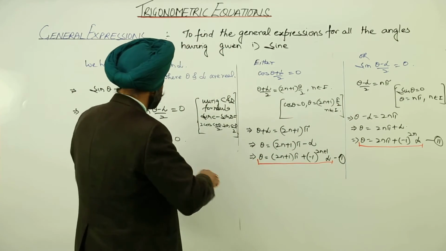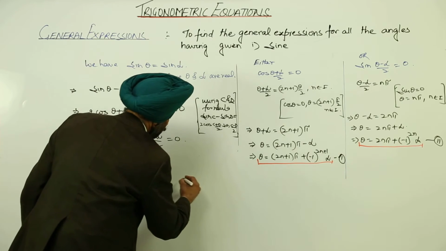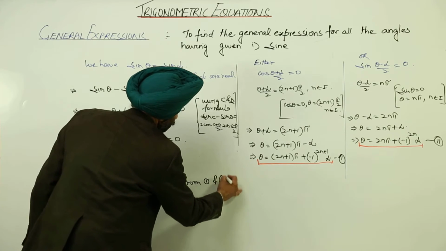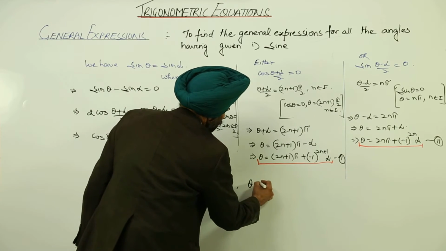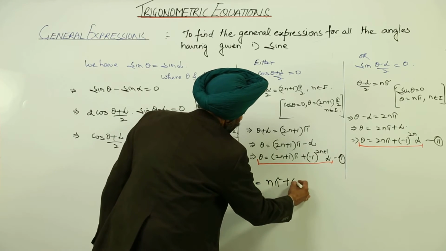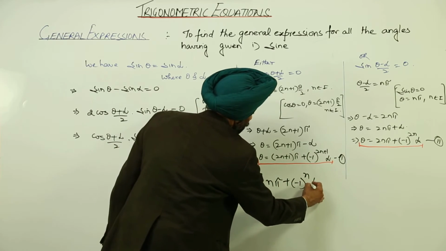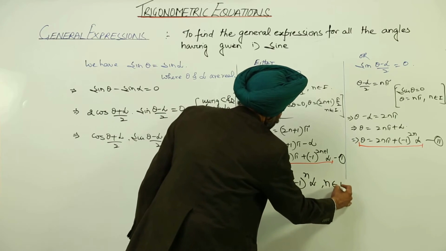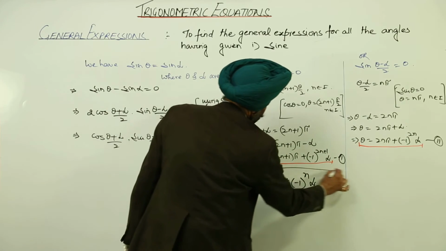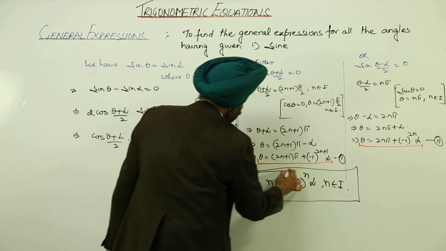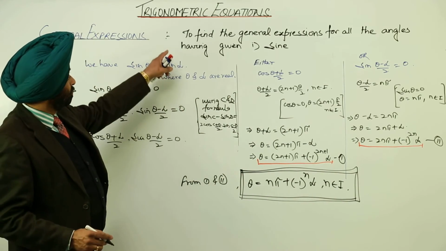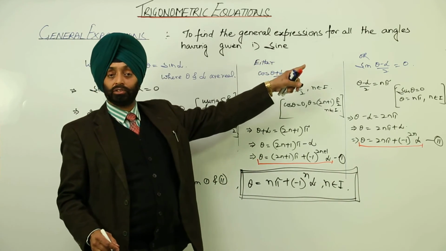Now from 1 and 2, theta is equal to n pi plus (minus 1) raised to power n alpha, where n belongs to I. This is the result for all the angles having a given sine.